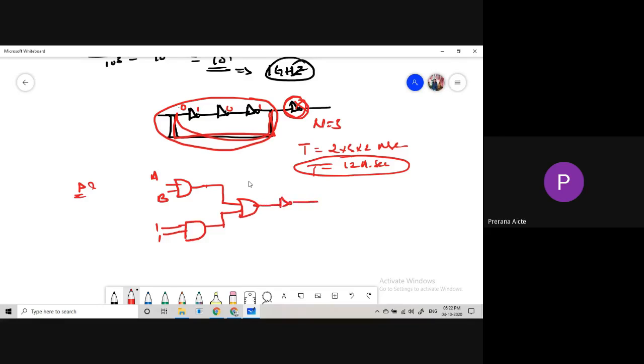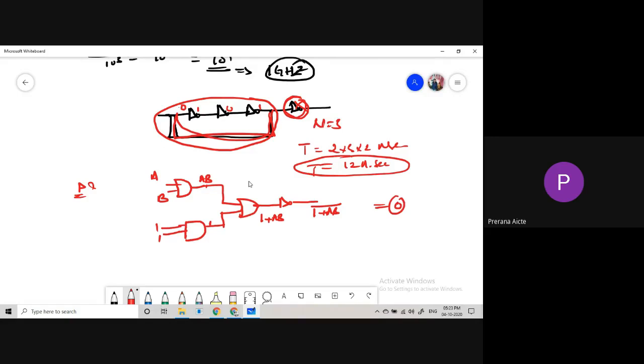What is the output of this one? AB plus 1 whole bar. So here we are getting 1. The output of the OR gate is 1 plus AB, and your answer is 1 plus AB whole bar. But my answer is 0.